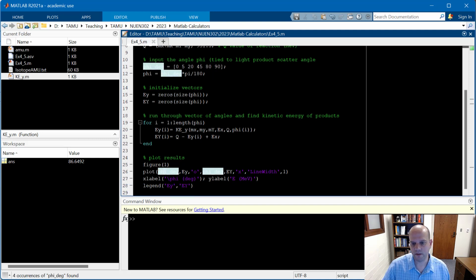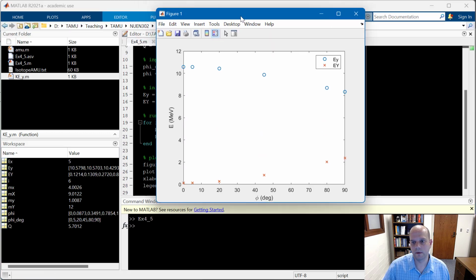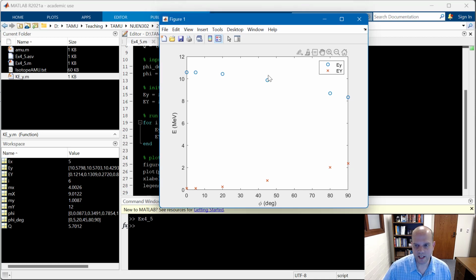So let's look at phi versus the kinetic energy of my light particle, and then phi versus the kinetic energy of my heavy particle. As I run this, I'm starting to see exactly what we were noticing in the Excel analysis: I start high with my kinetic energy of the light particle, and then that decreases as the angle is increased, and then the kinetic energy of this one increases.